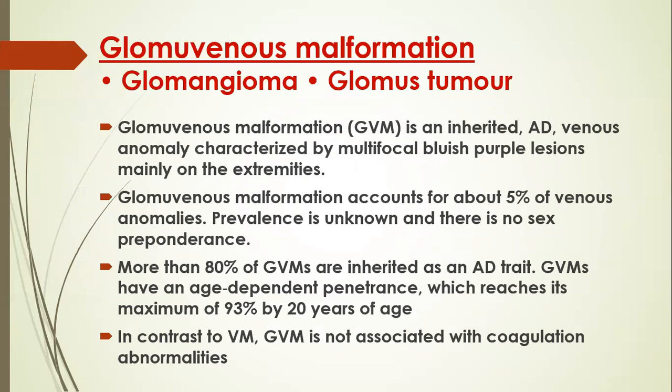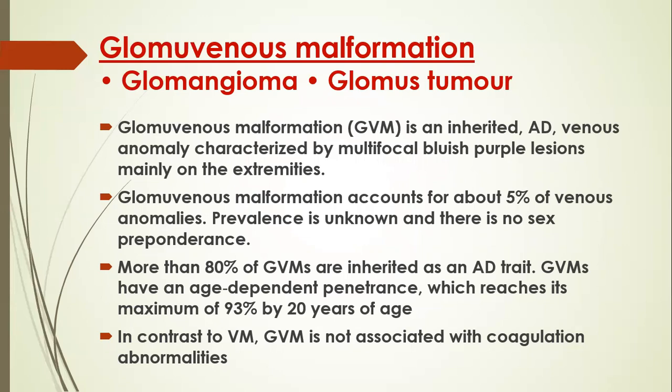Then the glomovenous malformation, or glomangioma, or glomus tumor. The glomovenous malformations are inherited as autosomal dominant. They are venous anomalies which are characterized by multifocal bluish-purple lesions, mainly on the extremities. The glomovenous malformations account for 5% of venous anomalies. Prevalence unknown, no sex predominance.